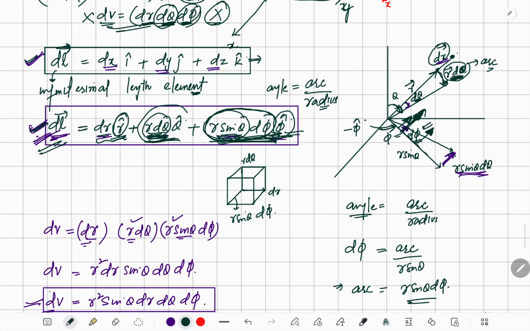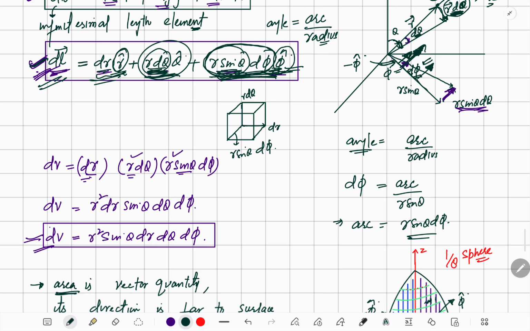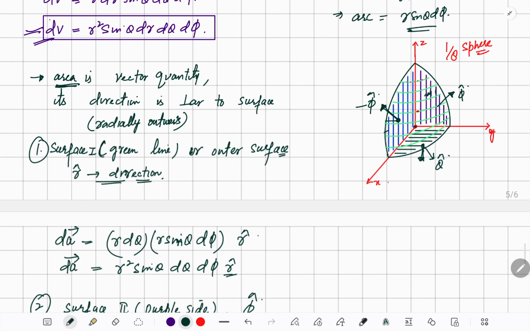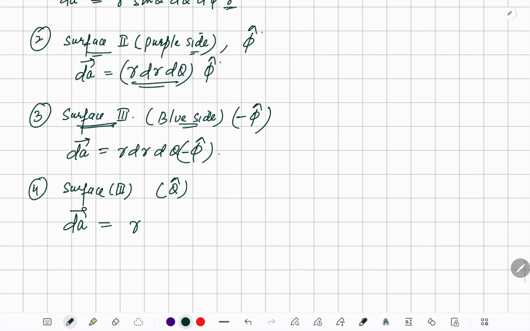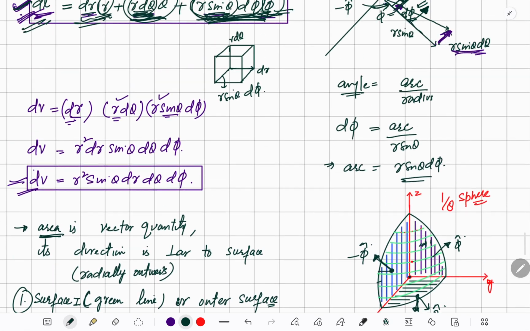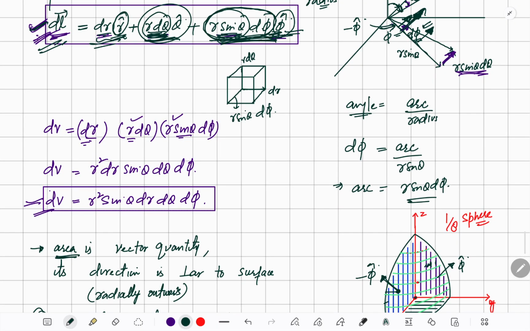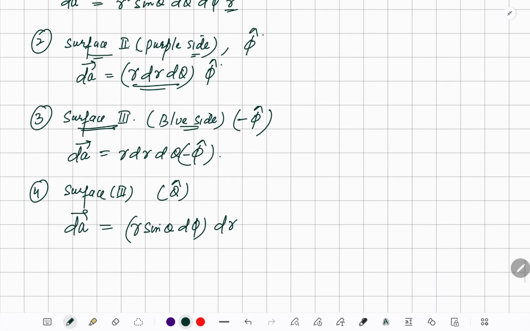So this will decide the direction of the area, and these two will decide the magnitude of the area. So r sine theta d phi and dr, and theta cap, so dA would be equal to r dr sine theta d phi theta cap.